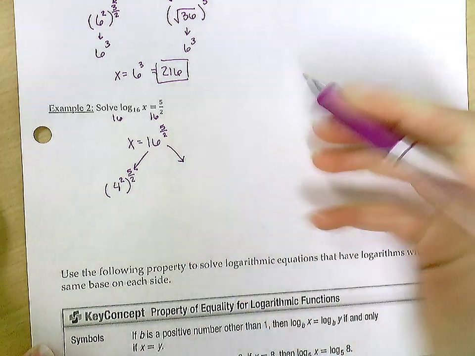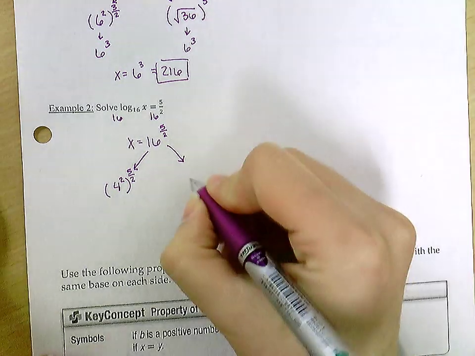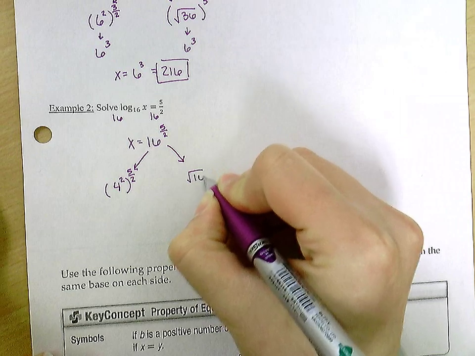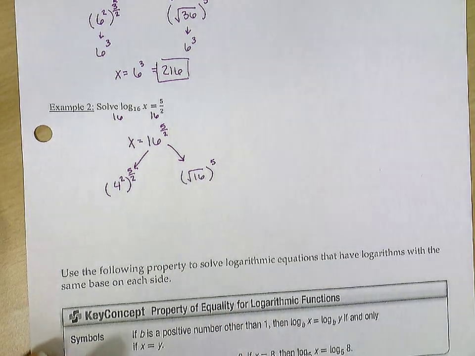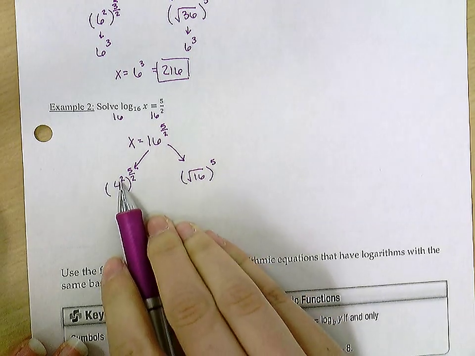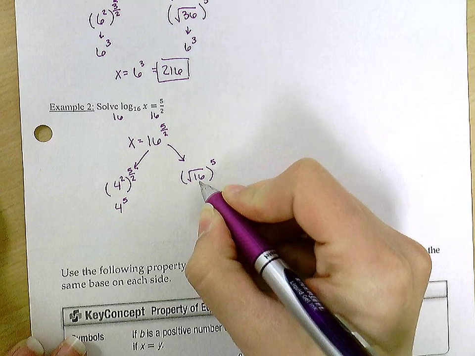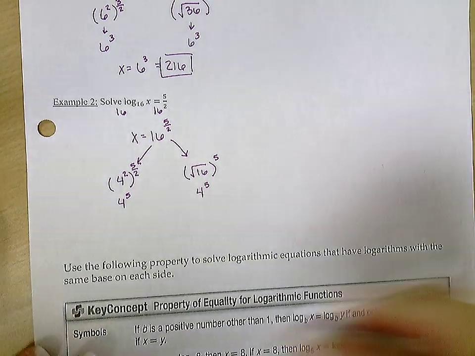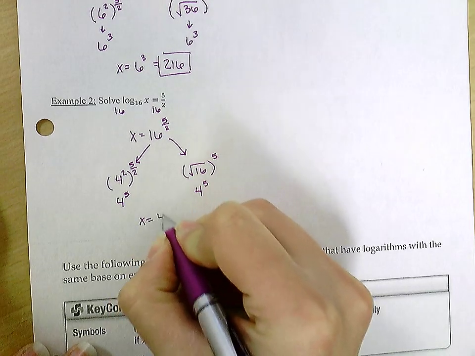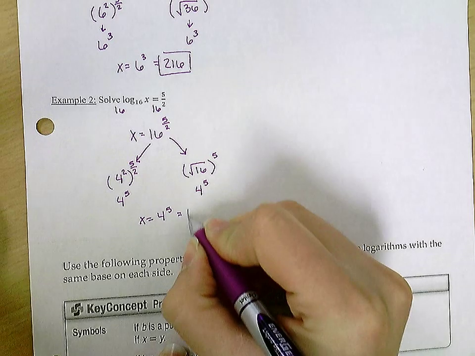Or, since that half makes it a root, this could change into the square root of 16 to the 5th power. Here, your 2's cancel out, so you have 4 to the 5th. Here, square root of 16 is 4 to the 5th. So our x value would be 4 to the 5th, which is 1024.